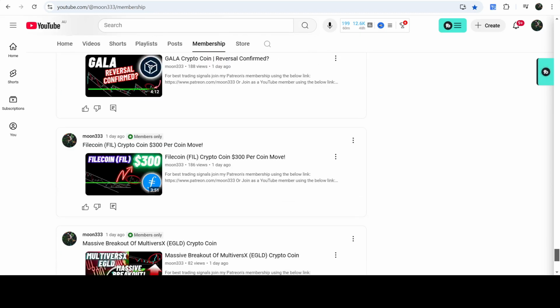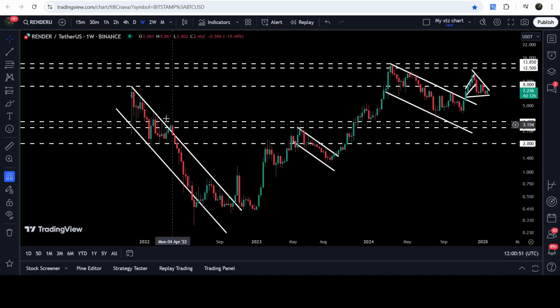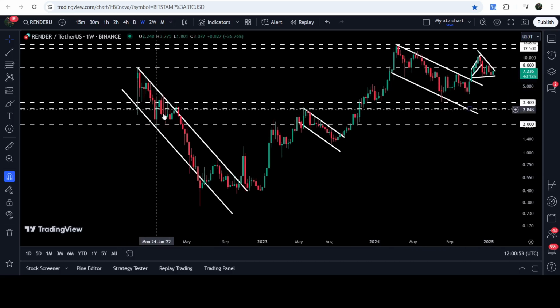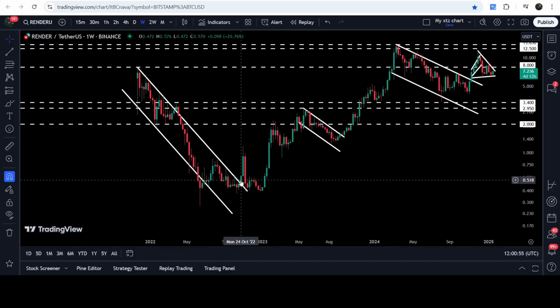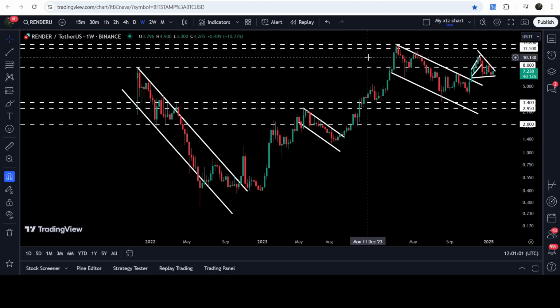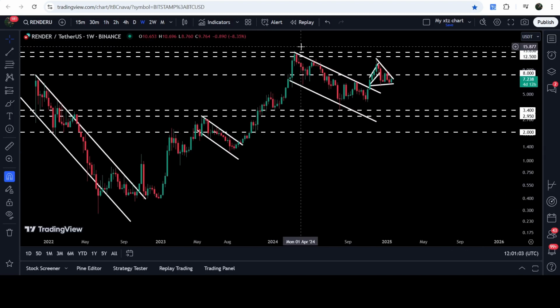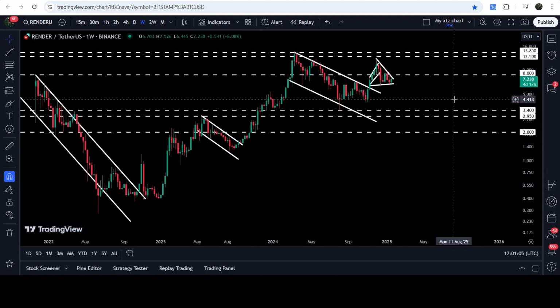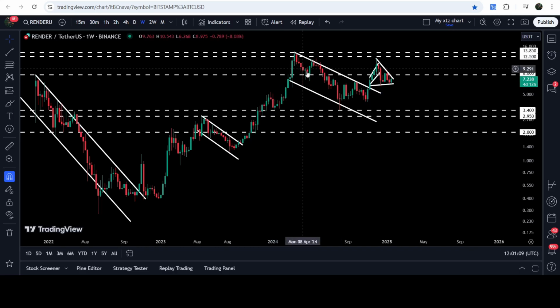Now let's move to the live chart. And here on the 7 days time frame chart, you can see that we broke out this long-term down channel in the month of October 2022. But after the breakout, when we had this almost 5,000% rally, the price then found a very strong resistance here from $12.50 to $13.85 and got stuck inside another down channel.